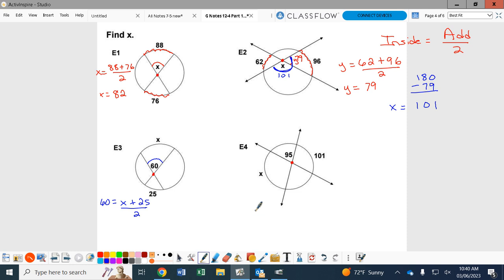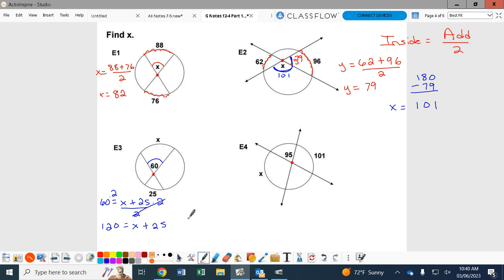Now, guys, this is algebra. It's just an equation. Just solve it like any two-step equation we've had all year long. To get rid of the denominator, you're going to multiply both sides by 2. When we multiply both sides by 2, 60 times 2 is going to put us at 120, right? Equals x plus 25.